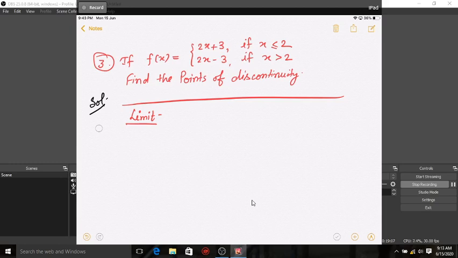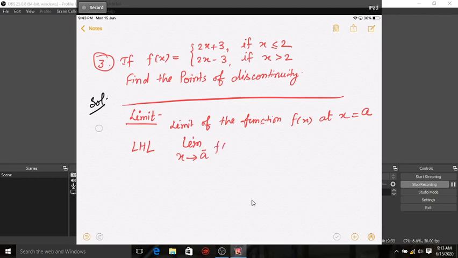Then the limit of the function f(x) at x equal to a: the left hand limit of the function can be found by limit x tends to a negative of f(x). Also we can write this as limit h tends to 0 f(a minus h). We can use any one expression to represent the left hand limit.